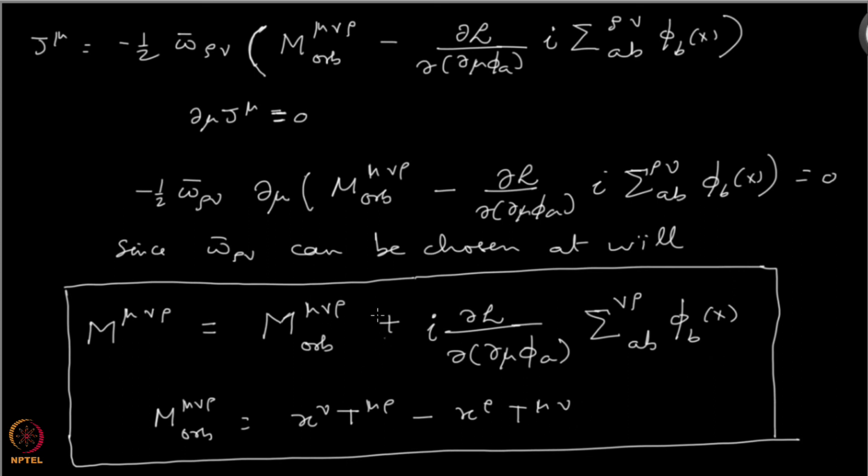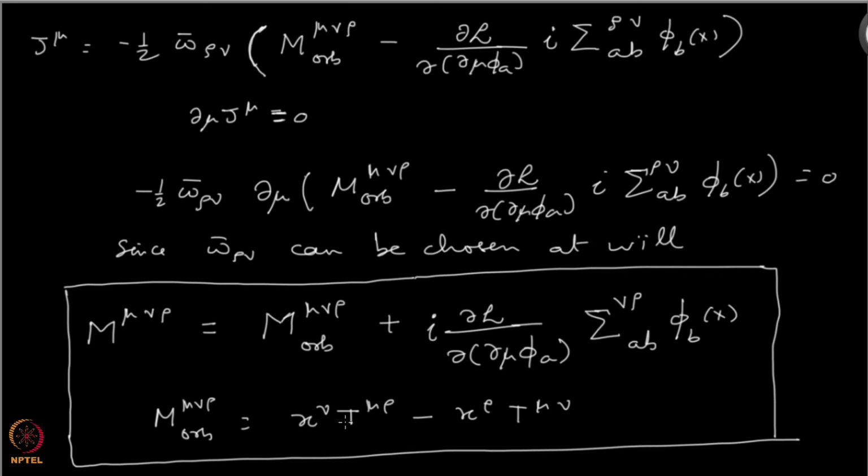An interesting thing is the first piece is written in terms of translation currents, right? So if you are looking at a scalar theory, all you have is this piece and this term is gone, and then you can write everything in terms of the energy momentum tensor. That is good.